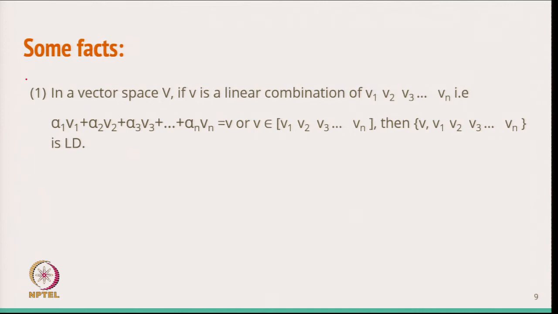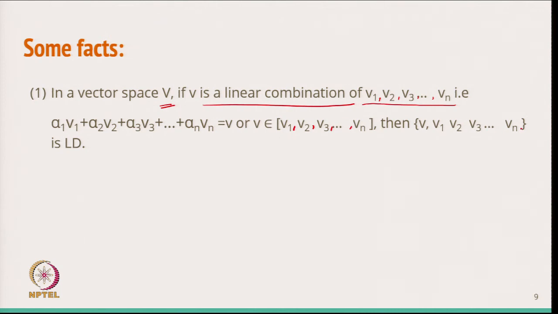In a vector space V, if V is a linear combination of V1, V2, up to Vn, that is, I can write V as alpha 1 V1 plus alpha 2 V2 and so on, because this vector V is a linear combination of the vectors, it means that V belongs to the span of these vectors.